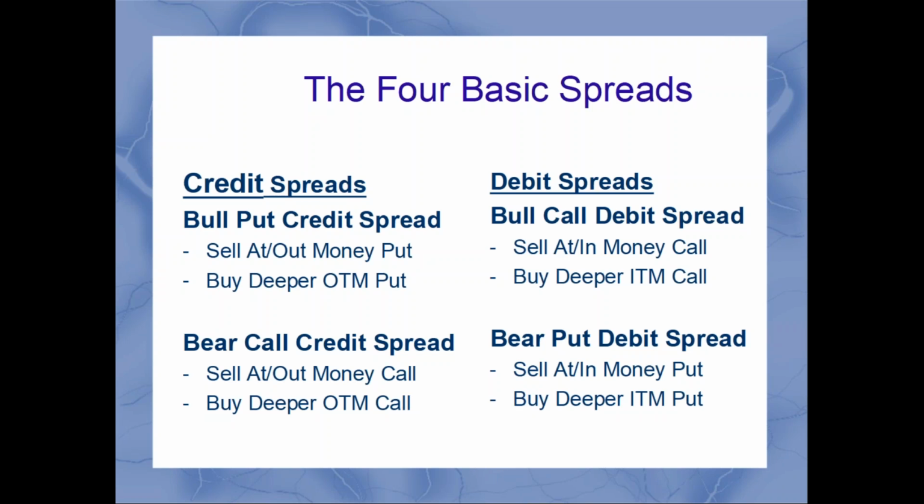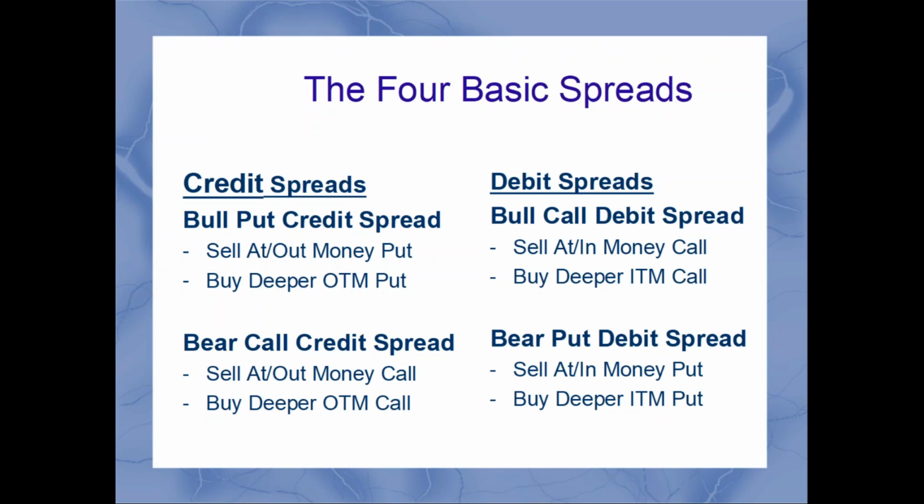Okay? Now with the bearish credit spread, you're selling options that are above the current stock price. So for a bear call spread, it's an out-of-the-money call. It's above the current stock price. Your hope is the stock stays below that. And you're going to buy a deeper out-of-the-money call for a lower cost to create a credit.